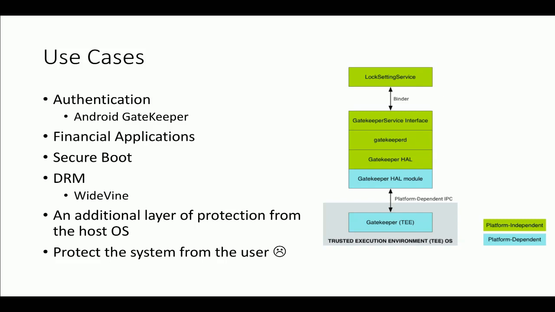And then that last layer is it actually has to talk through an IPC channel to the trusted execution environment, which might be QSEE, in which case QSEECOM is the name of that IPC channel, into the Gatekeeper application. And that's actually running in this secure world, this trusted execution environment, and it's in its own little domain.